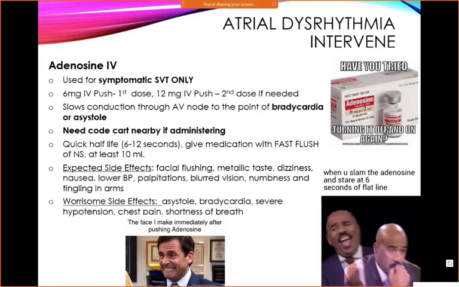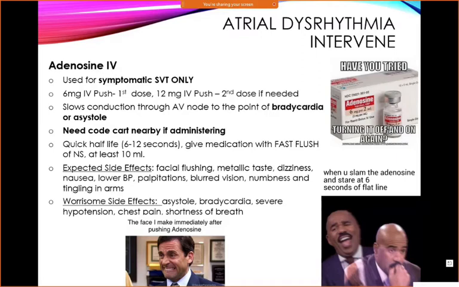You don't want to do that, but it has a quick half-life. It only lasts 6 to 12 seconds. So you have to push it super fast because you want it to work. It basically slams the heart to a stop. And then because it wears off in 6 to 12 seconds, you should only have a 6 to 12 second stop. And I love the memes that go with adenosine.